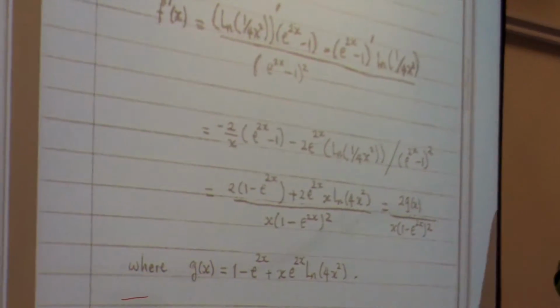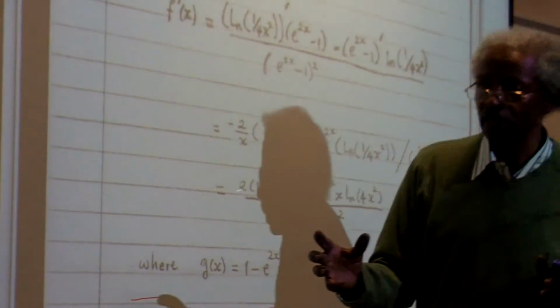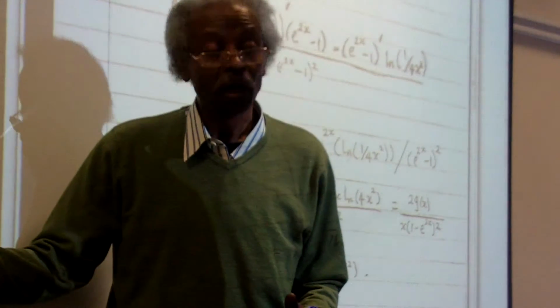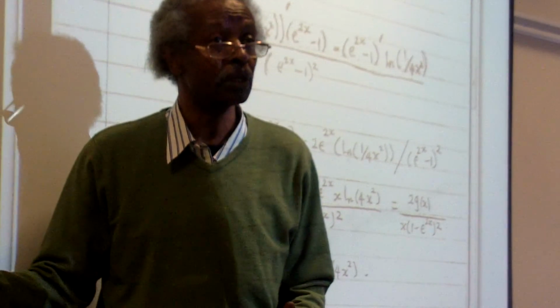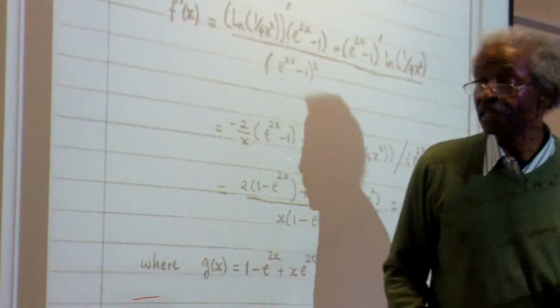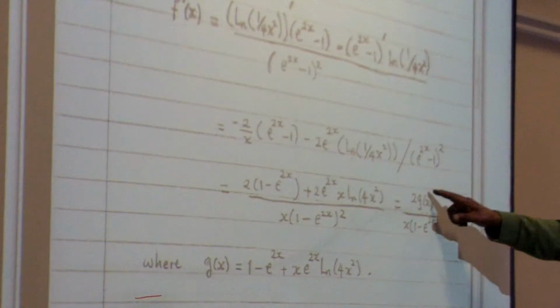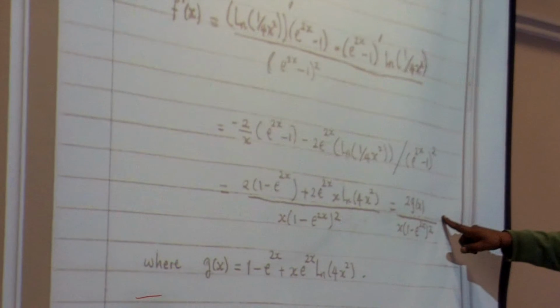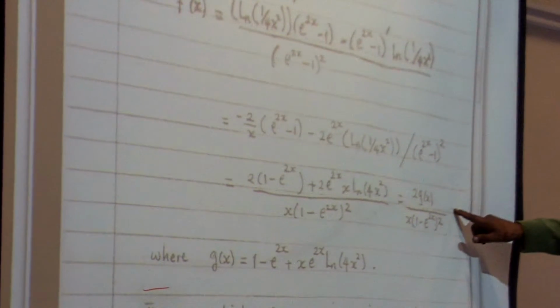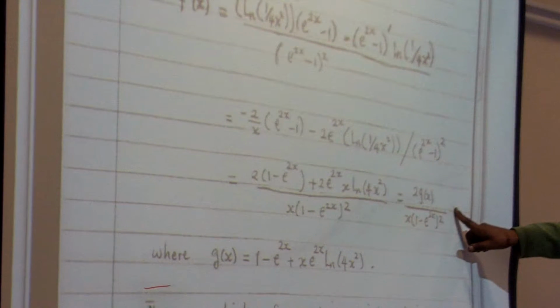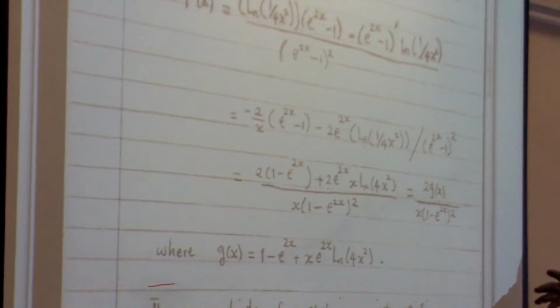So now the question I'm trying to answer is how many roots am I going to get for this equation here, f'(x) = 0. Now f'(x) = 0 means putting this equal to 0, but this is going to equal 0 if and only if g(x) is equal to 0.